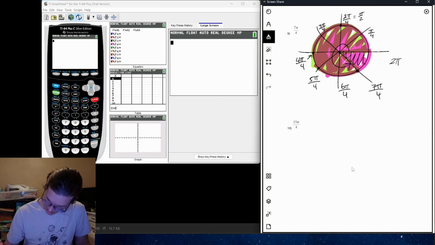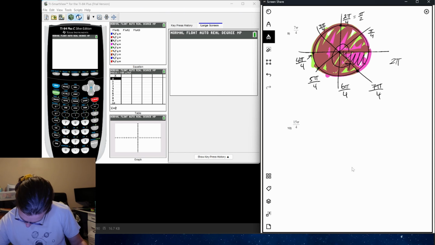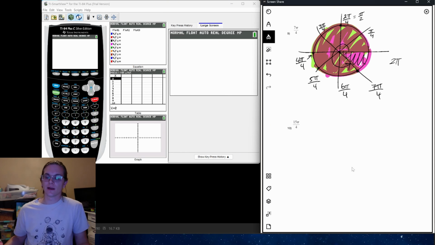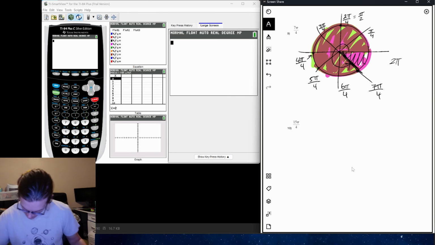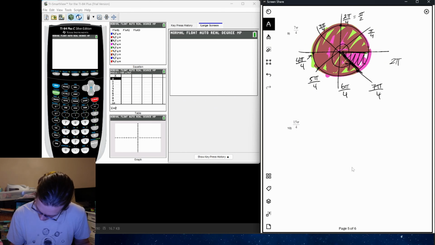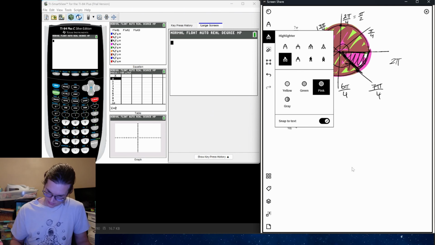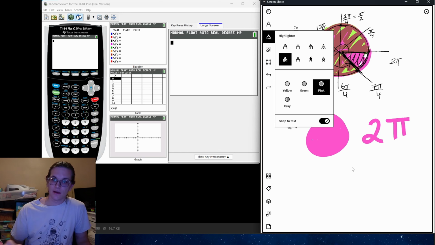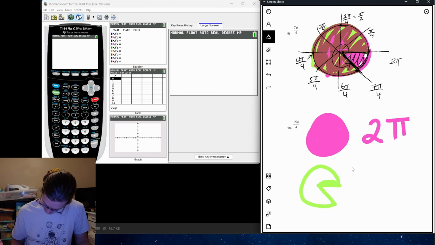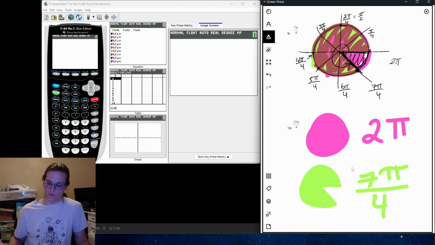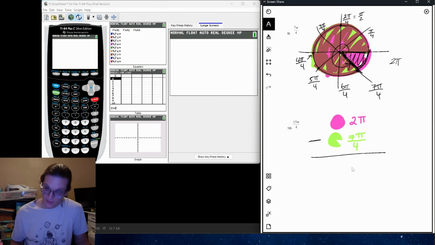Minus all of that. Maybe it's not very clear, but it will be if I color it in all the way, right? The answer is this right here. Our final slice, our little slice there. This pink amount, the entire circle is worth 2 pi. The angle of interest is a little bit of a Pac-Man. 7 pi over 4 leaves us this minus this, leaves us with this piece, a little pizza slice of 2 pi.